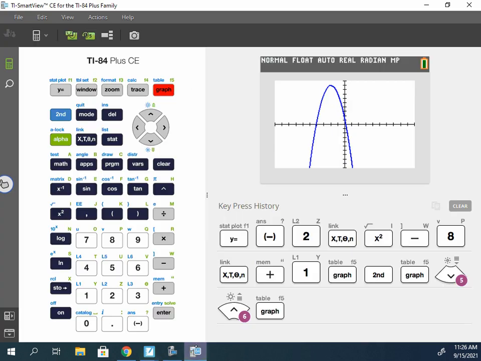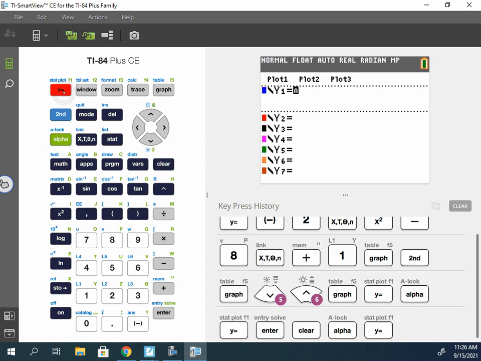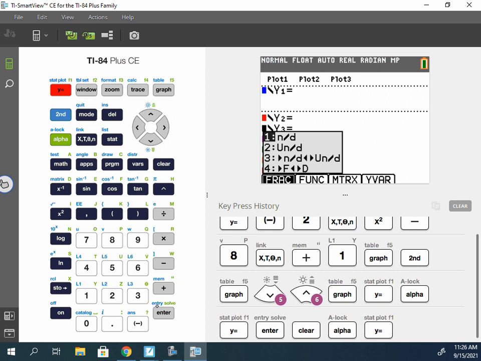Well, if it's hard to say, why don't we go look at the graph of it? So let's graph it. Let's hit y equals, and let's plug it in. So if I want a fraction, we're going to go alpha y equals, enter. Well, I'm going to clear that out first. Alpha y equals, enter.